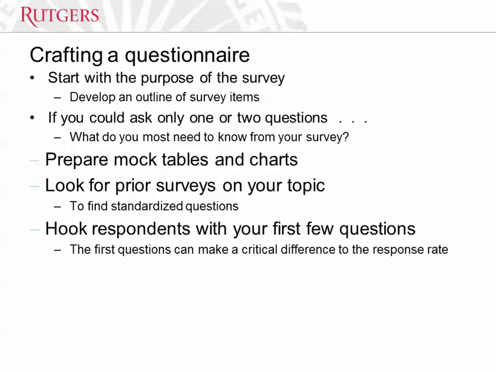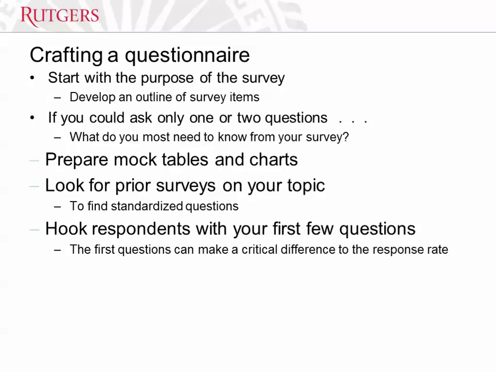Now, another really important tip is to look for prior surveys on your topic. This is really important and sometimes counterintuitive because people are afraid of borrowing questions and that sort of thing. But in survey research, it's a standard practice to use what's called standardized questions, to use existing ways of asking a question because it makes it comparable to other studies.